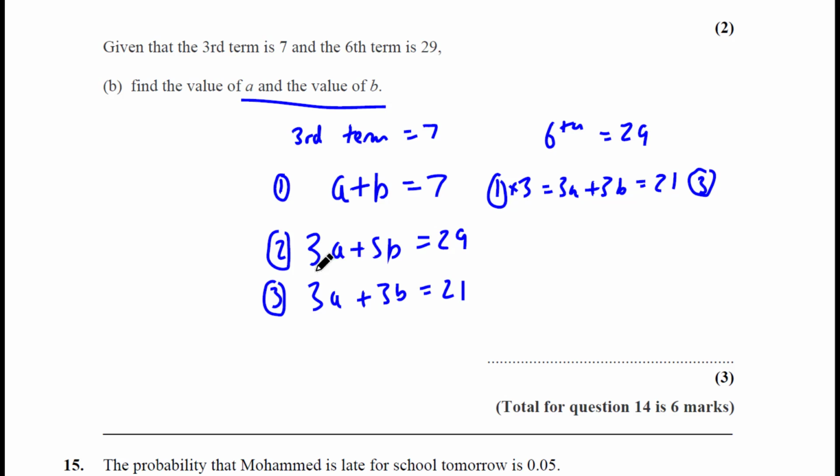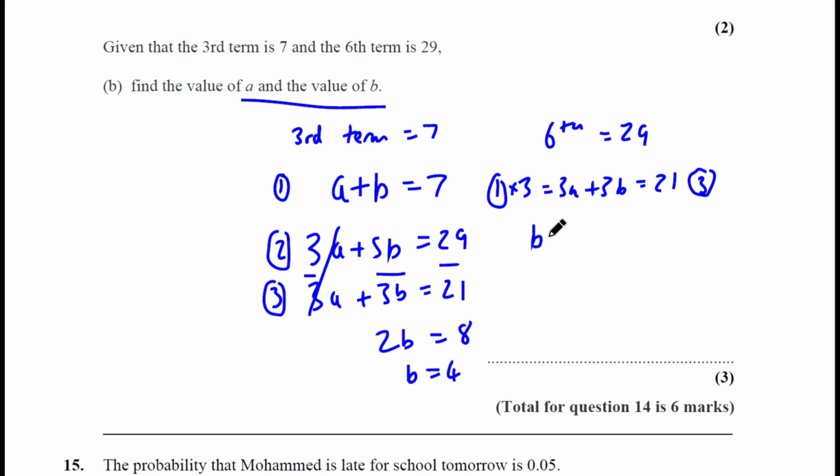Right, so the signs are the same here, so we can minus these terms all across here. 3a minus 3a is 0, so that cancels out. 5b minus 3b is 2b, and 29 minus 21 is 8. We should know instantly b is 4.